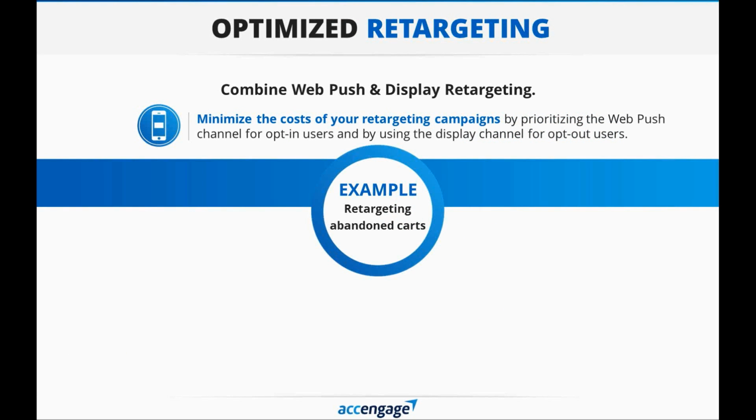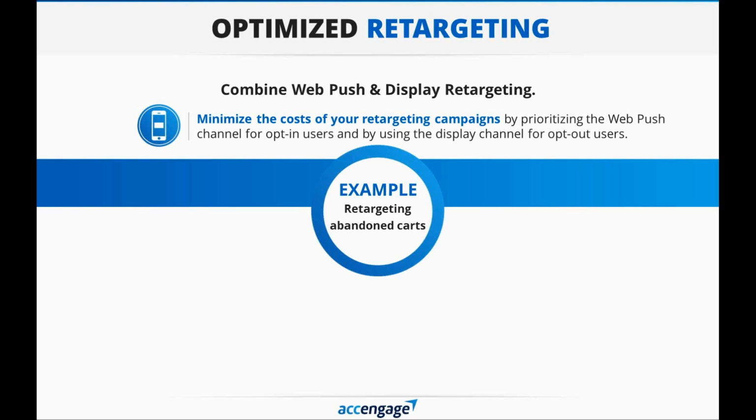Now, here's another interesting use case for retargeting in the e-commerce field, and that's how you can leverage both web push notifications and display retargeting. I'm sure that a lot of you are already doing display retargeting campaigns and leveraging your DMP to do so. Typically the idea of this use case is to minimize the cost of those retargeting campaigns if you already have the web push channel enabled for some of your users.